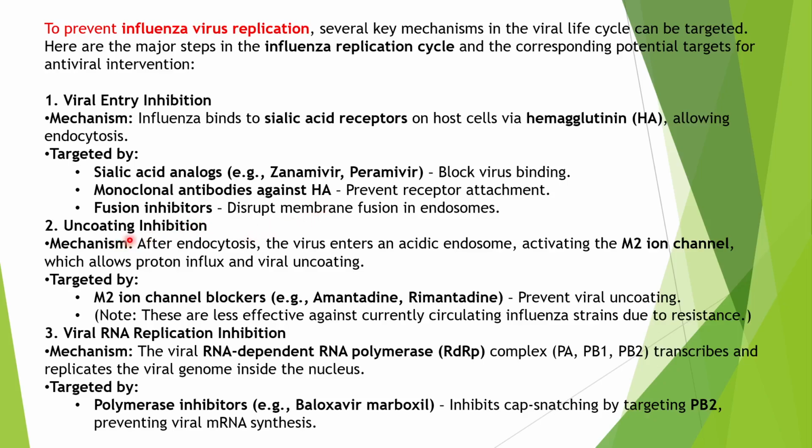We also have uncoating inhibitors, that is M2 ion channel blockers, amantadine and rimantadine. And then we also have viral RNA replication inhibitors, which are basically polymerase inhibitors, which inhibit the RNA-dependent RNA polymerase. So it targets the PB2 of the complex and prevents viral mRNA synthesis.